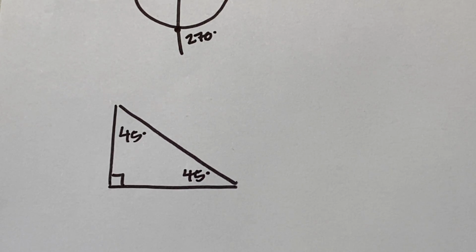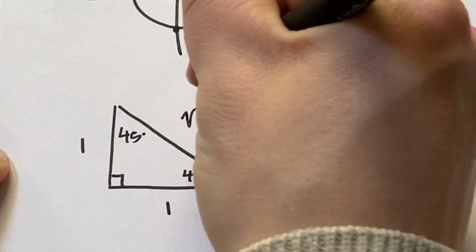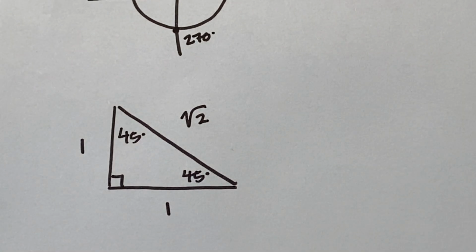Remember the sides of our 45, 45, 90 are 1, 1, and root 2. Okay, that was our first special right triangle.